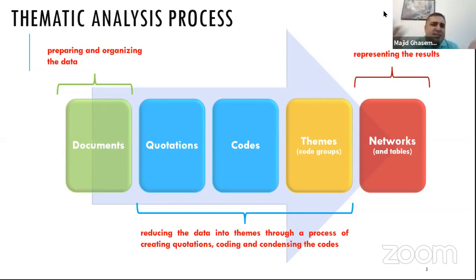And when you want to present it to people, it means that you want them to read a lot of documents or watch a lot of videos or audios. But if you manage to summarize everything into a figure or a network, then it becomes even more interesting. It really makes a huge value. So this is the process of how we're going to do thematic analysis in Atlas TI.